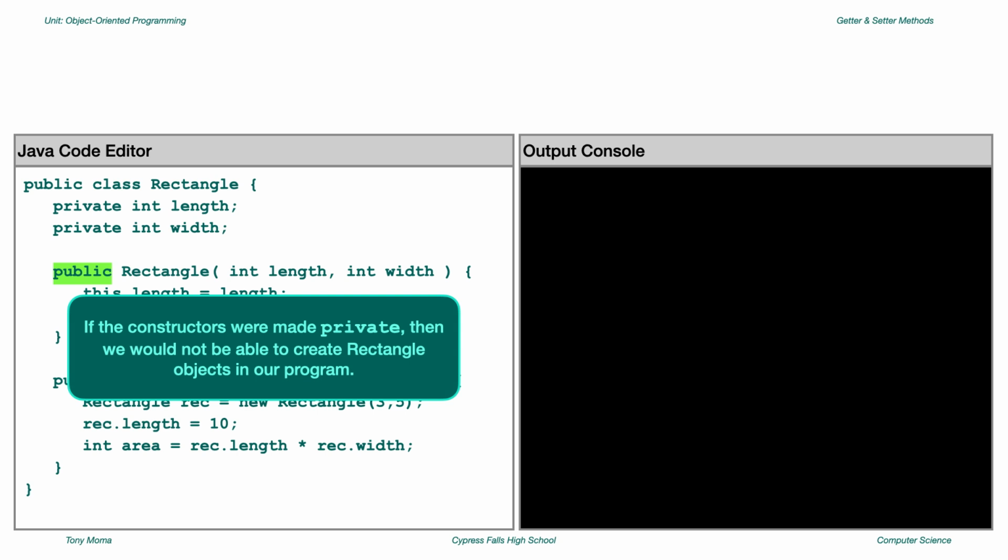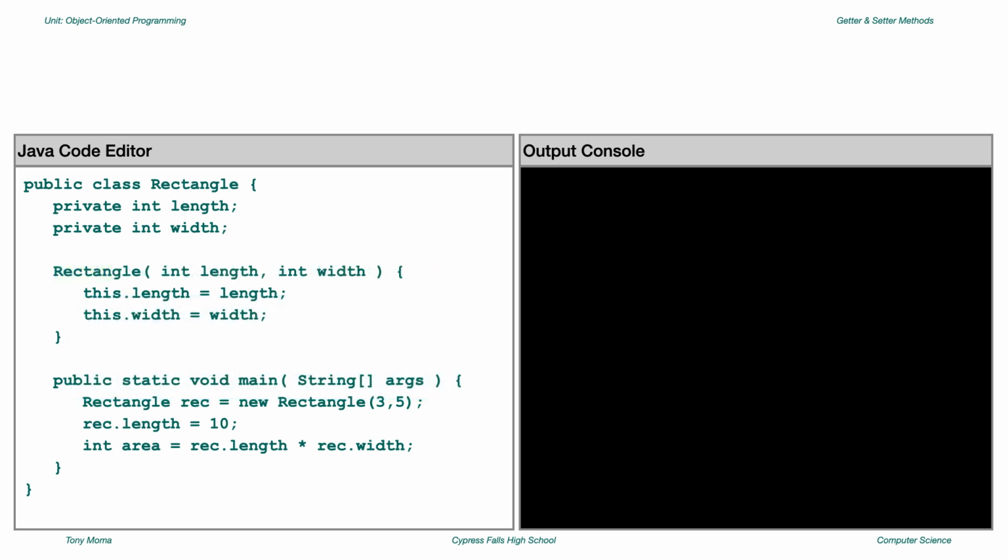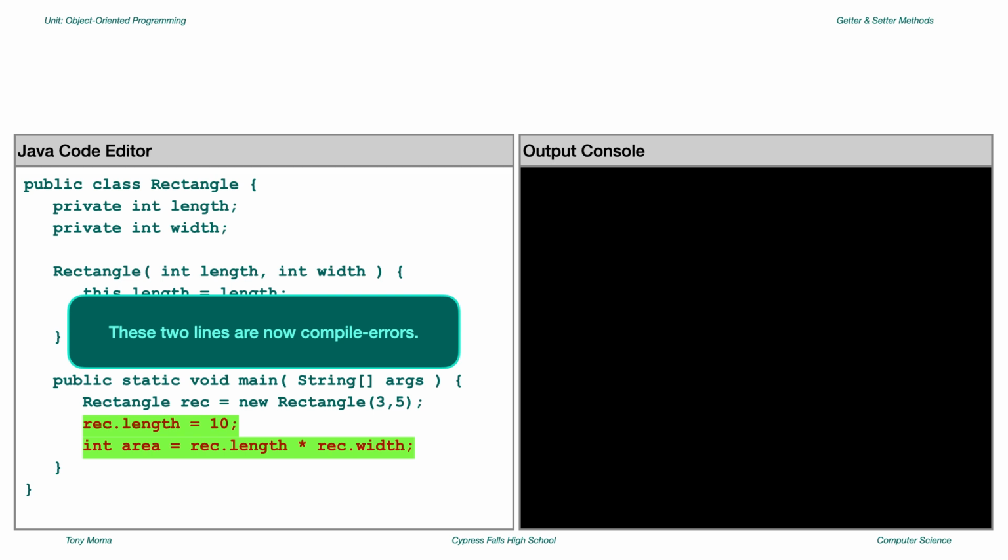That being said, I'm going to leave it off since constructors are public by default. Now, going back to the instance variables, now that they are private, these two lines of code are compile errors. This program would not be able to successfully compile because we would get an error message telling us that these members are private and thus we cannot access them.